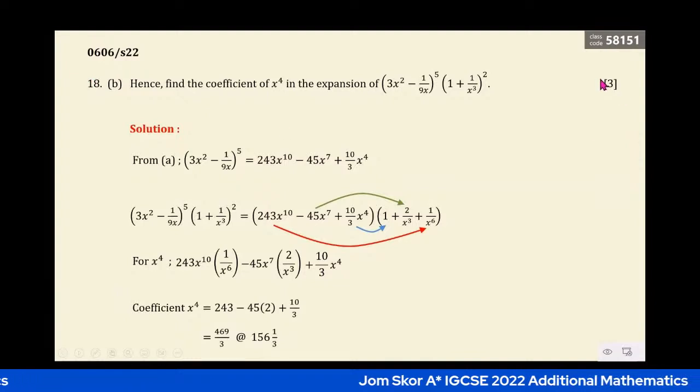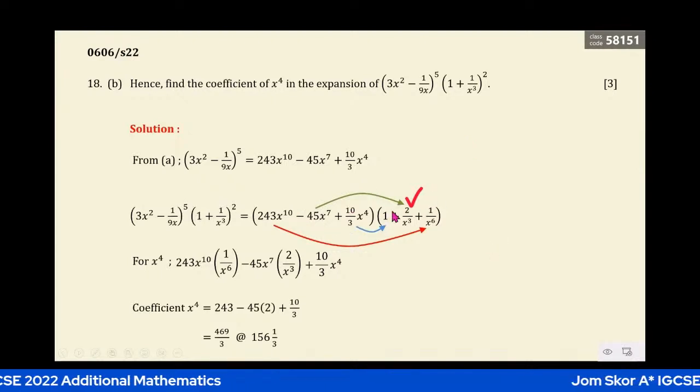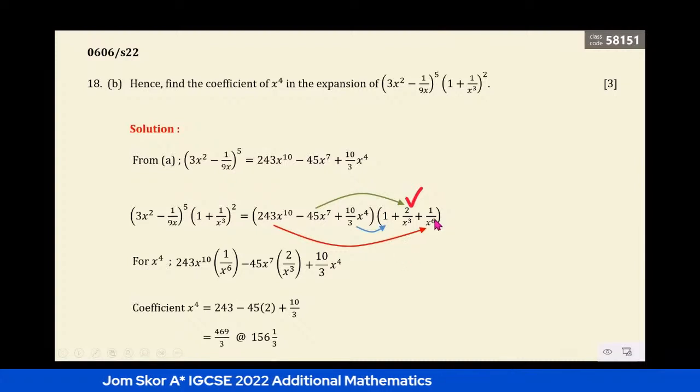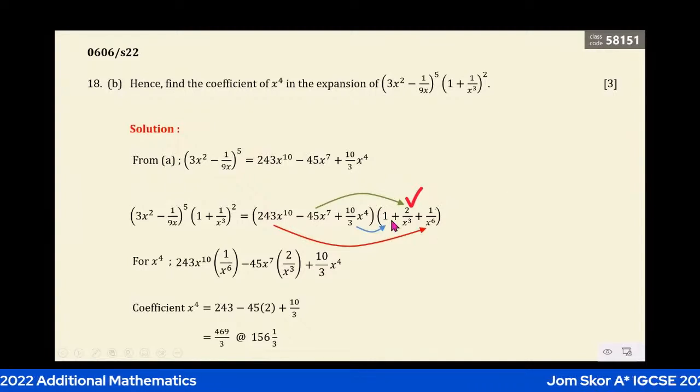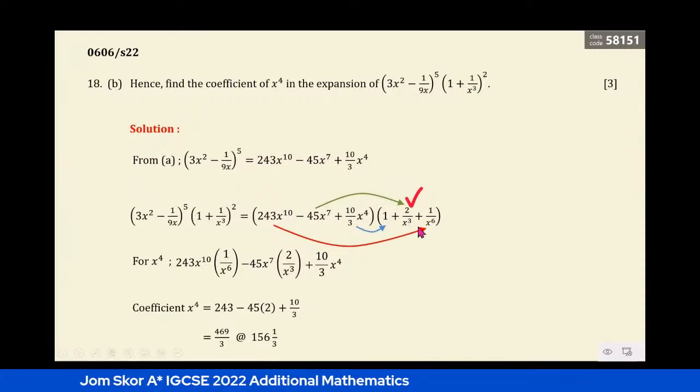Before we stop, let's see where the 3 marks are given. Okay, so 3 marks, when you attempt to find the coefficient of x to the power of 4. The first mark will be given for expansion of the second bracket, because the first bracket is not given, the first bracket is from part A. So the second bracket is this one.